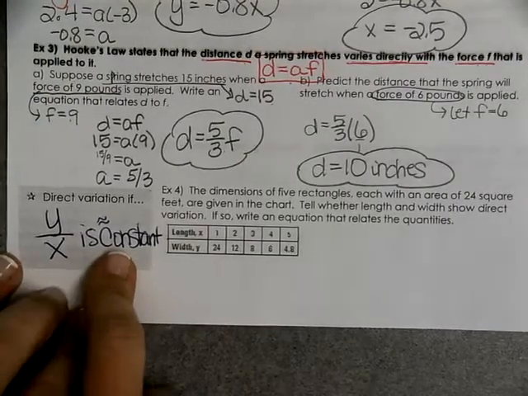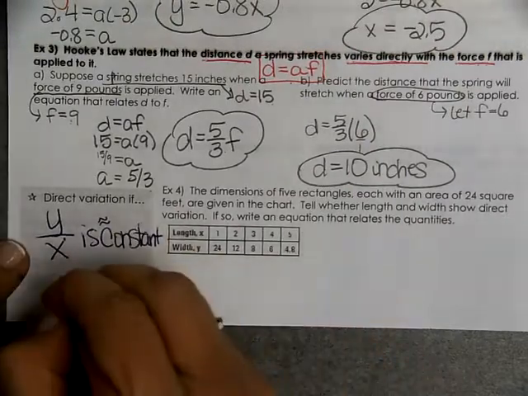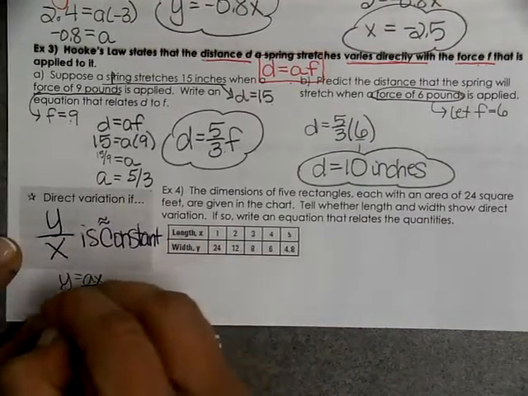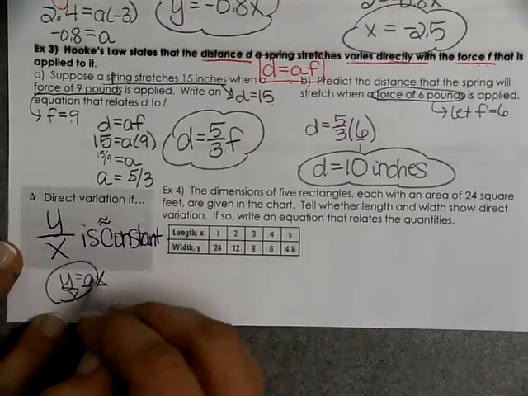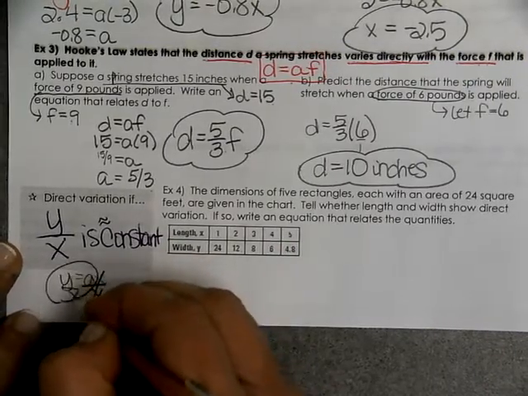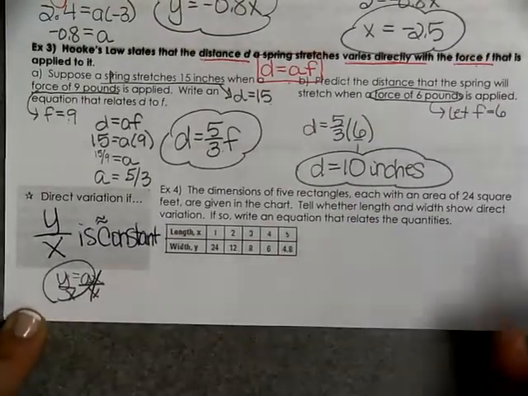If you're using real world things, sometimes it's not exact. But notice that we had this equation, y equals ax. If you divide both sides by x to isolate the a, notice that that's supposed to be your constant. Your a is your constant.